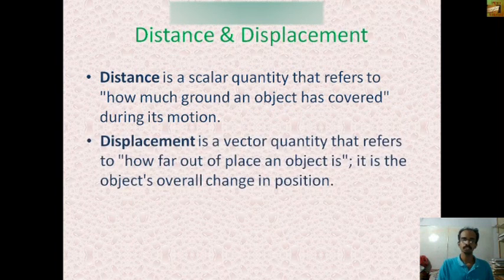While displacement is a vector quantity, and it refers to how far out of place an object is, the object's overall change in position, or the shortest distance between the initial position and the final position of an object.